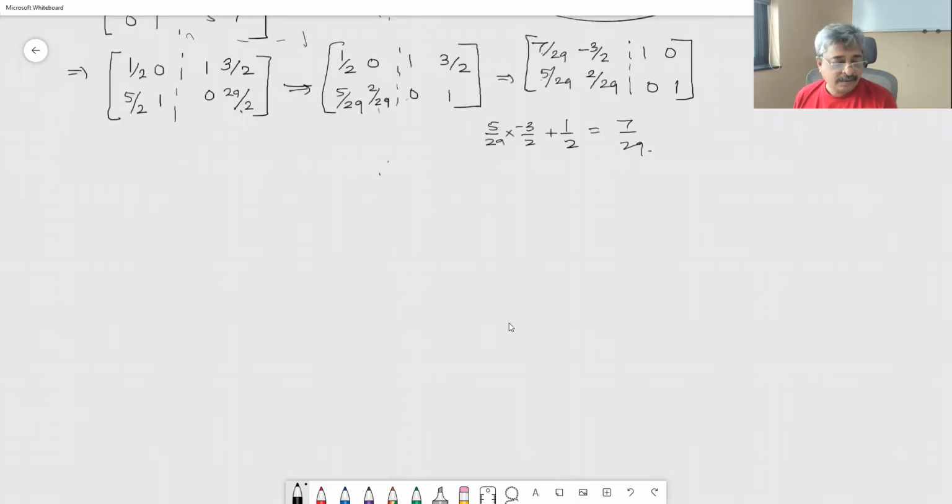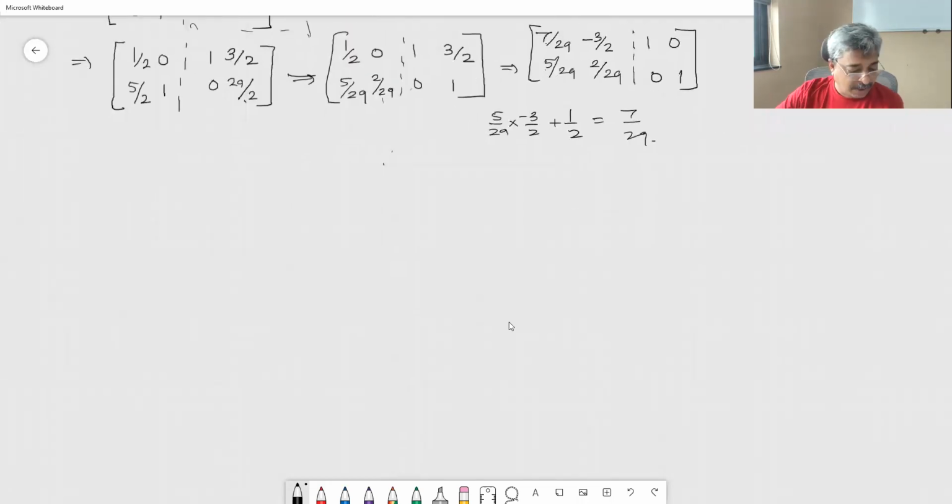Is it clear? Okay. So now find the inverse of this.